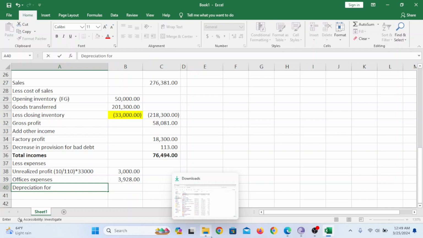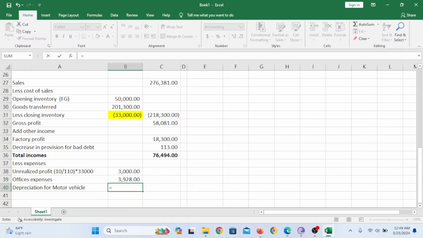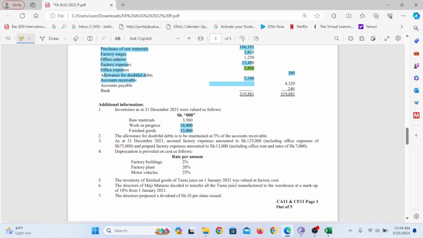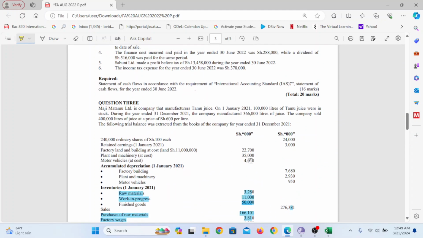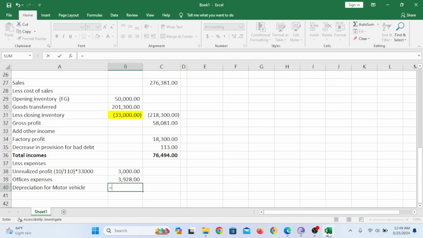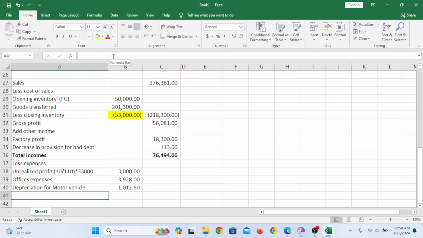Then we need to bring in depreciation for motor vehicle. Depreciation for motor vehicle is 25% of the cost, and the cost of motor vehicle is 4050. So 0.25 times 4050, I'm getting 1012.5.